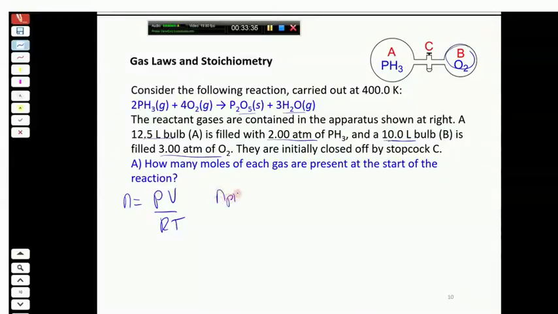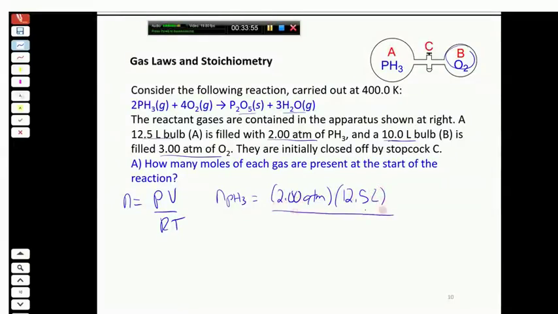So we have to calculate these separately. For PH3, the initial pressure is 2 atmospheres. Here I didn't play any shenanigans with units, so we can just use that directly. The volume is also in liters, so we can use that directly: 12.5 liters is the volume of the container that gas A resides in.